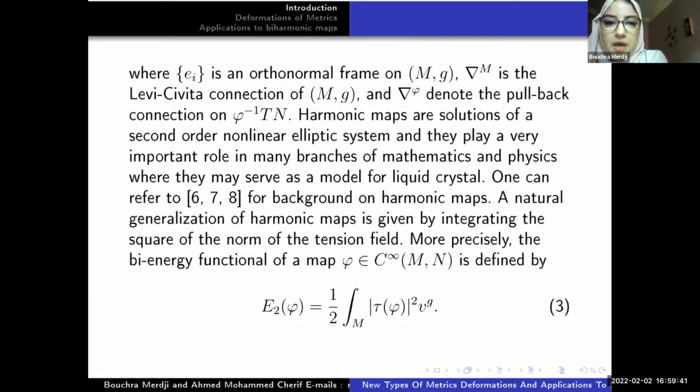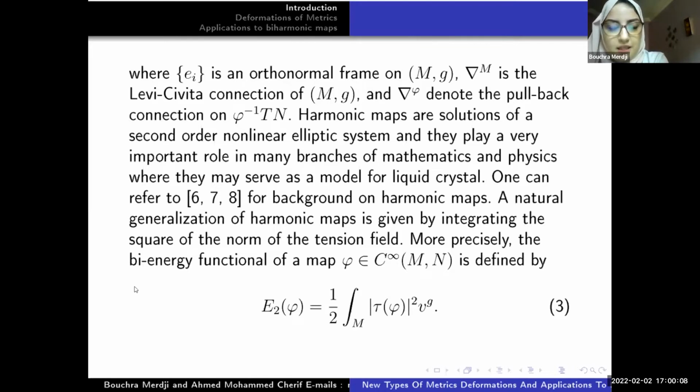Harmonic maps are solutions of a second-order nonlinear elliptic system, and they play a very important role in many branches of mathematics and physics, where they may serve as a model for liquid crystals. One can refer to these references for background on harmonic maps. A natural generalization of harmonic maps is given by integrating the square of the norm of the tension field.